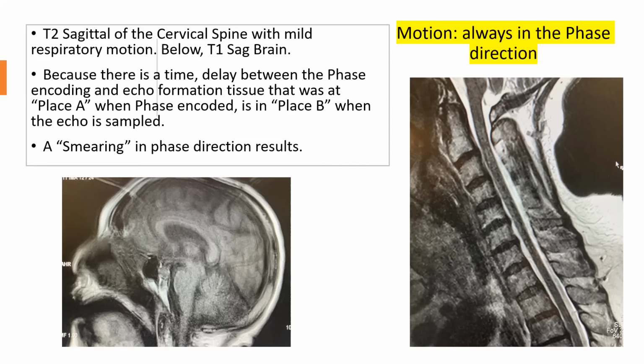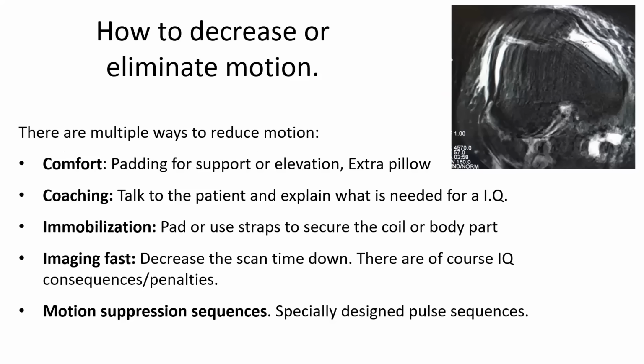Ten, 12, 20 milliseconds later, you acquire that echo. That tissue's not there anymore. It's in place B. And there's this smearing. So it kind of brought its phase with it. It smeared it across the bagel, as it were. You smear the cream cheese, you smear the motion in the phase direction because of that time lag between phase encoding and measuring that echo.